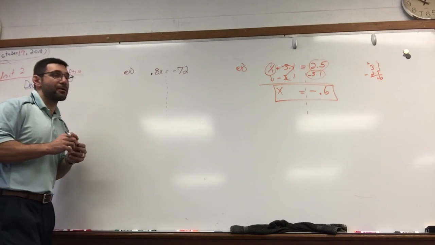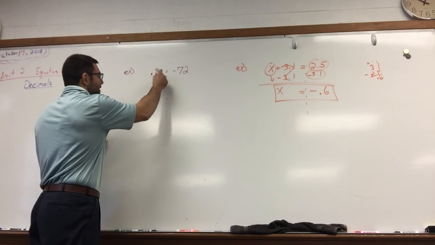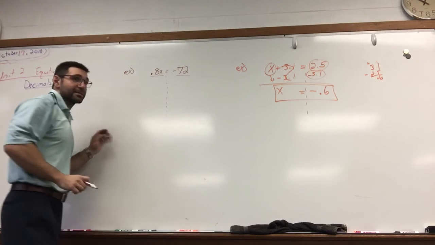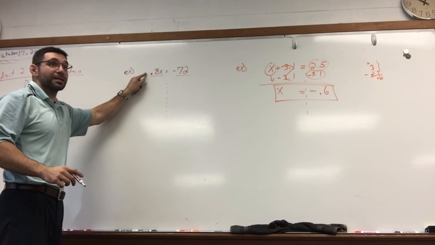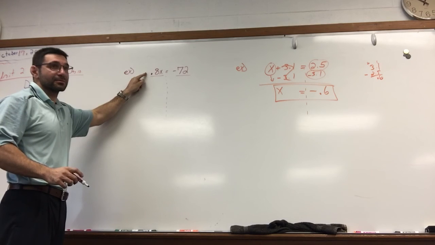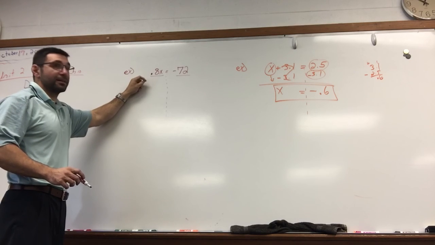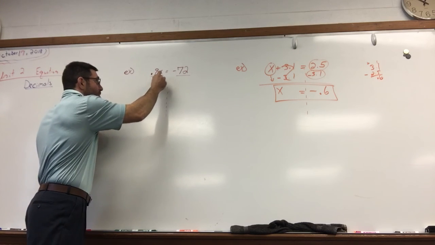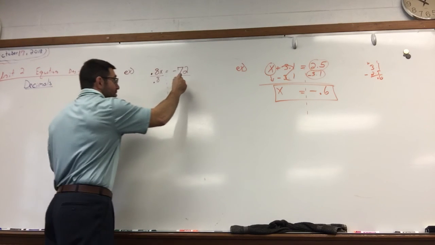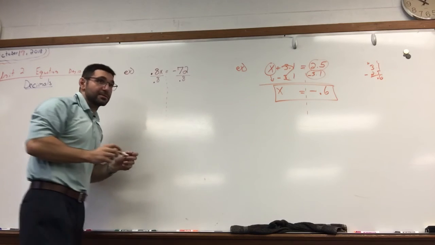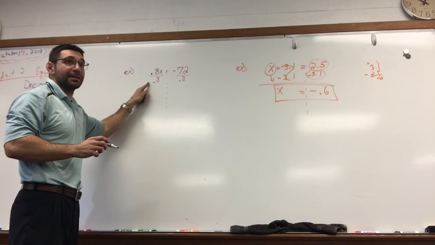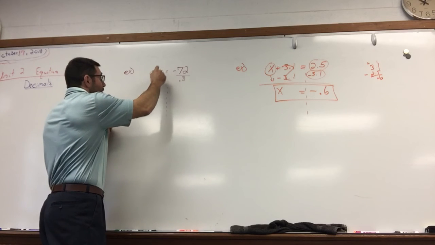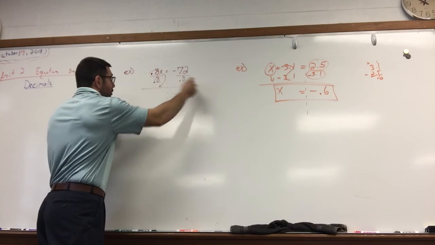Not negative 72, because we're trying to get this x by itself, so we need to move what's on the same side. So what's on the same side as that x? The decimal. So we're going to divide both sides by 8/10. Does that make sense? Because 8/10 divided by 8/10 is 1. 1 what? 1x.